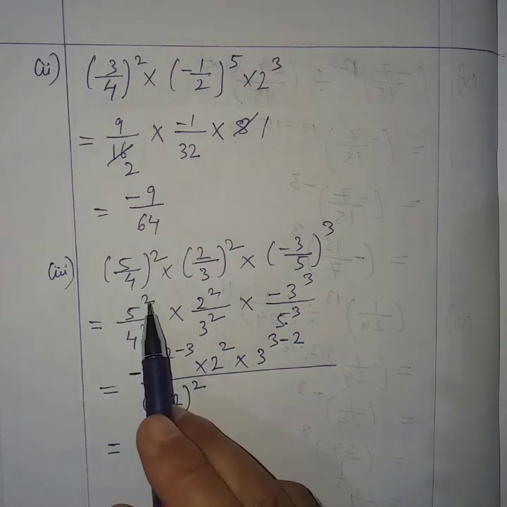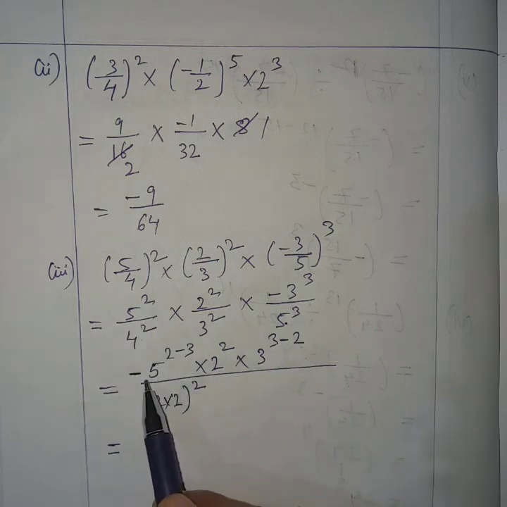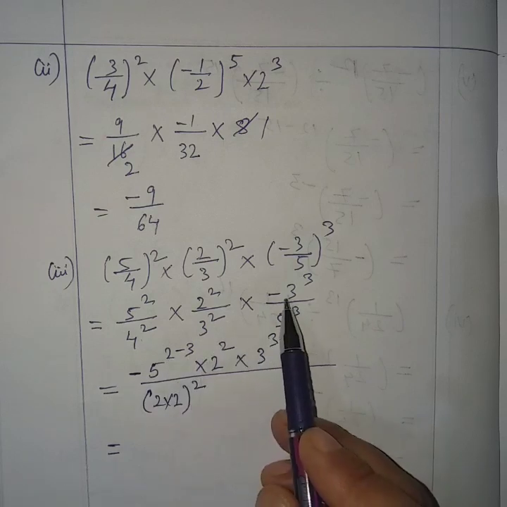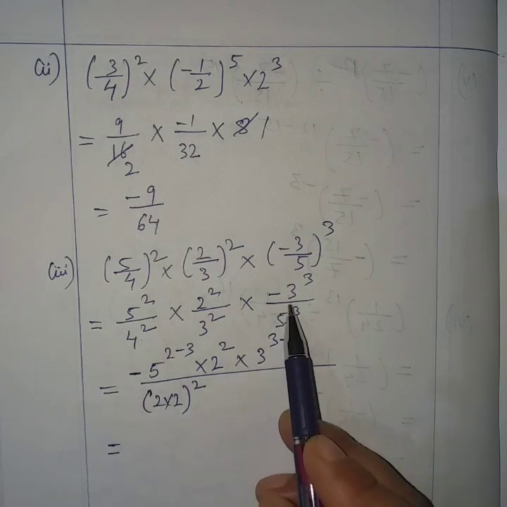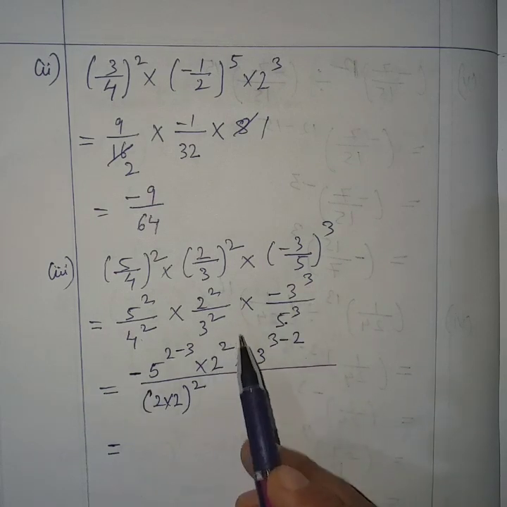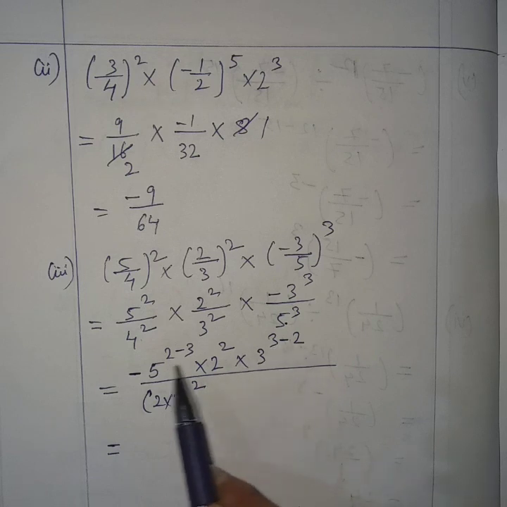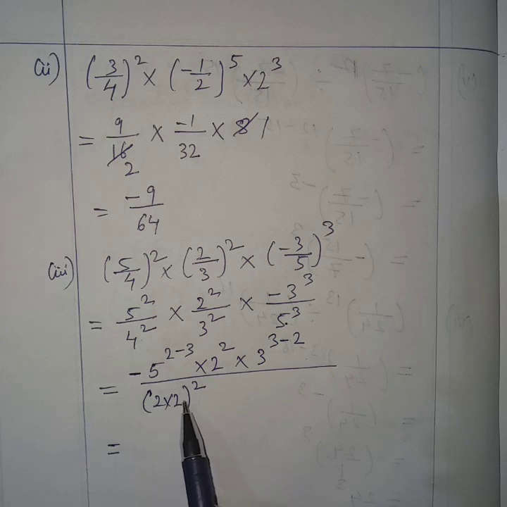This 5 squared and this 5 cubed as 5 to the power 2 minus 3, and this minus comes here, 3 cubed and 3 squared we have written as 3 to the power 3 minus 2, and this 4 as 2 into 2, that is 4 only, and whole squared.